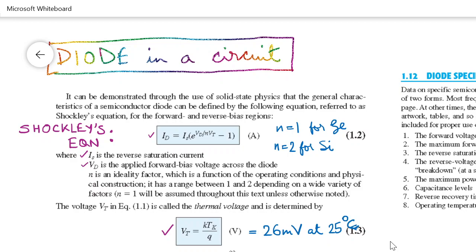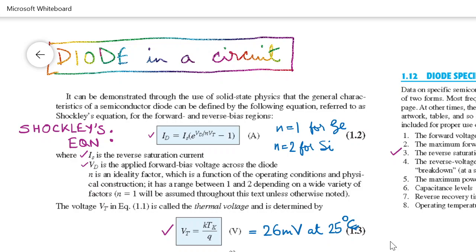In the diode specification sheet on the right-hand side, you see IS mentioned in point 3. The reverse saturation current is specified in a diode data sheet. With all these values known, this is a relationship between the voltage across the diode and the current that you get when you apply that voltage.